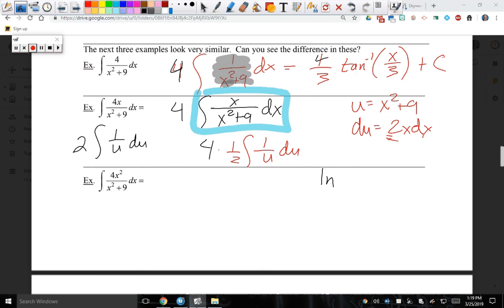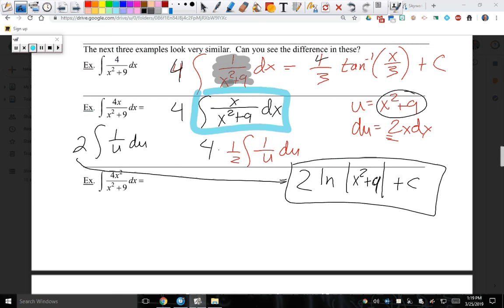Yeah, natural log of the absolute value of u. Plug it back in. Multiply this constant multiple rule of 2 and plus c. Totally different, right? Not even arctangent at all. Okay, one more and then we're done for today.